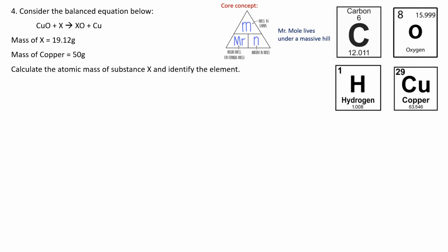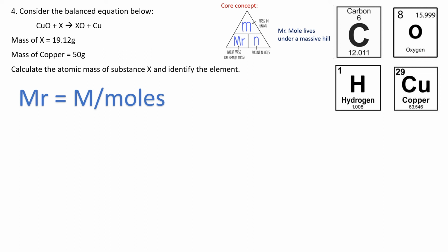So that is going to be the Mr. Be careful there, the Mr, not the M, and identify the element. Okay, so if it's the Mr, it's going to be mass divided by moles.